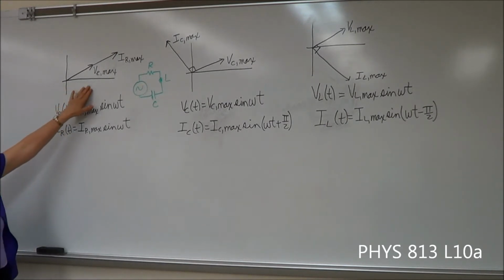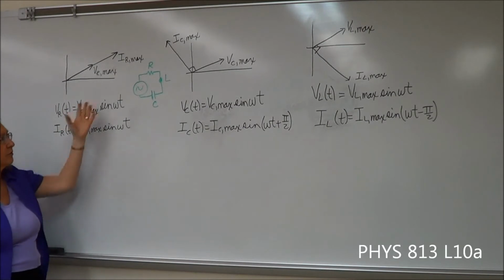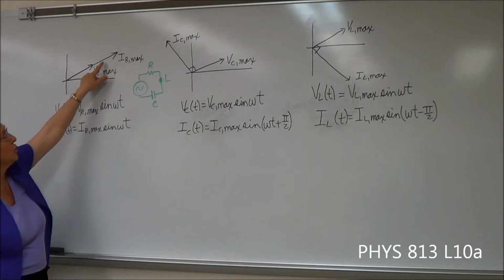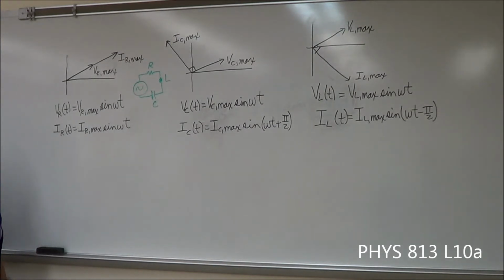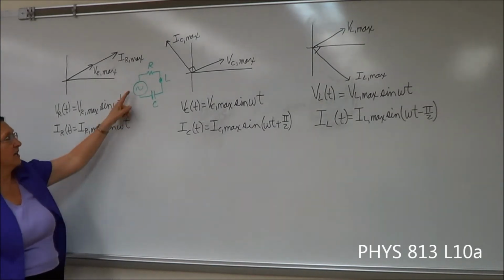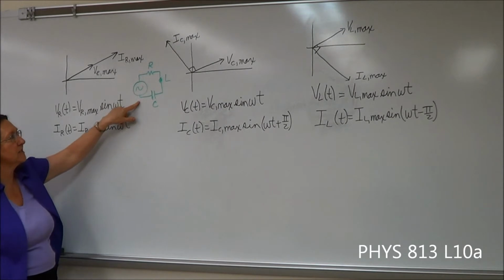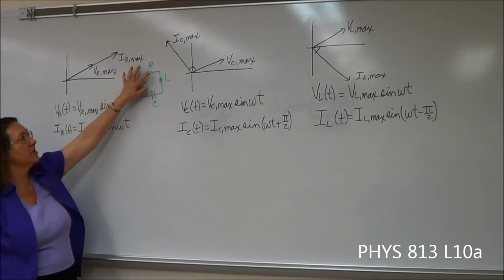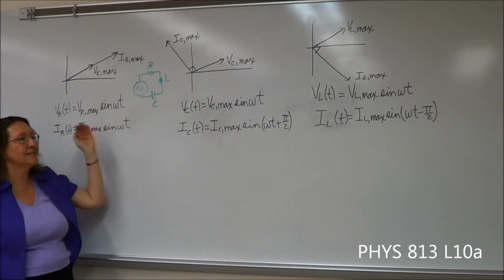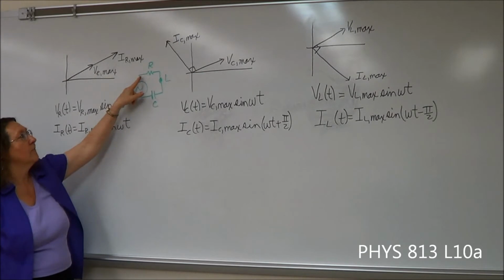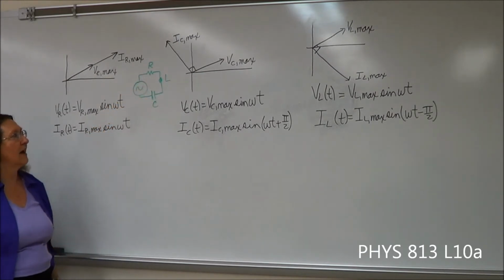So if we look at the three circuits, or the three phasor diagrams, the currents are not pointing in the same direction. So we just said that in a series circuit, at any particular instant, if you had an ammeter that would measure the exact current, it would give you the same value.